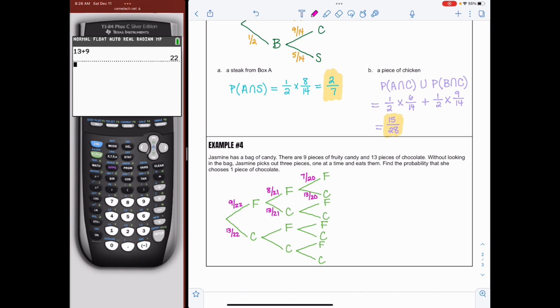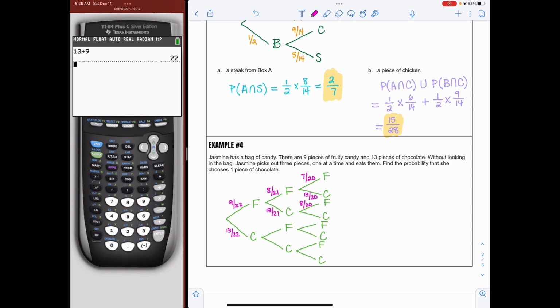So, going back to the beginning with the fruity, 9 out of 22 getting a fruity on the first time. Then we have 13 out of 21 of getting a chocolate after the fruity piece has been eaten. And then to get another fruity piece, once I have eaten a fruity piece and a chocolate piece, is going to end up being 8 out of 20.